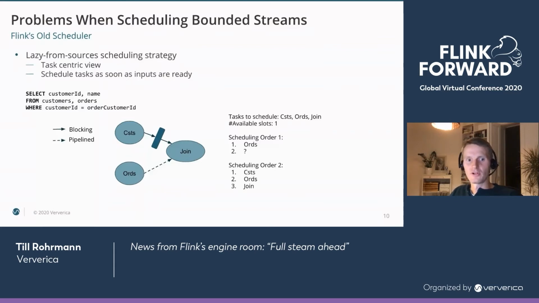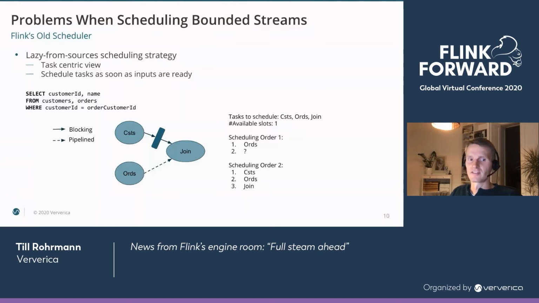But first, let's take a look at the existing scheduler and what kind of problems it has. Flink's old scheduler works the following way. The scheduling strategy is called lazy from sources, because it orders your execution graph in a topological order and schedules all the tasks where all the inputs of these tasks are ready.